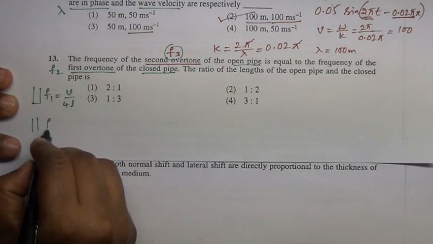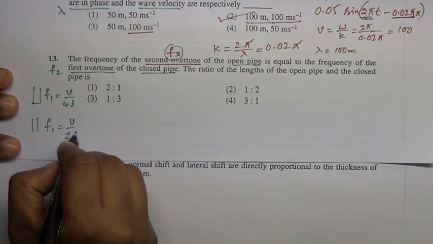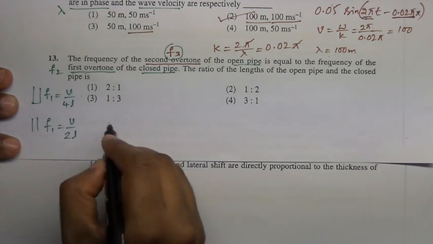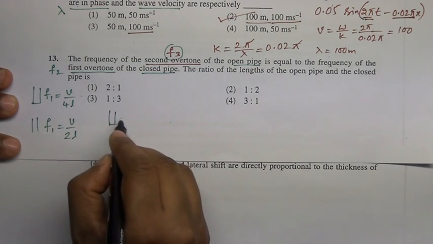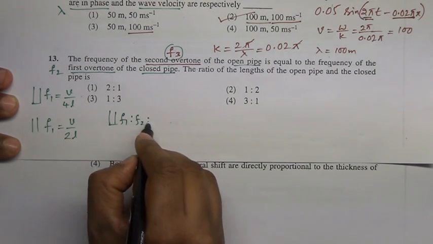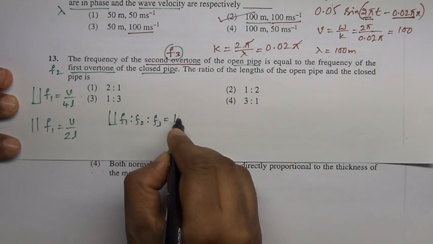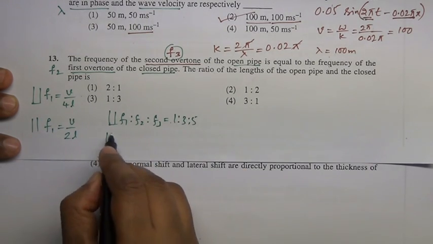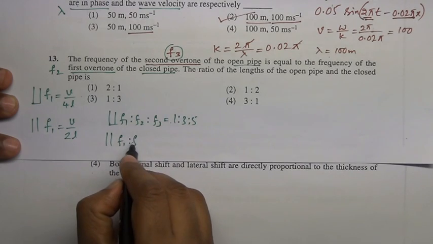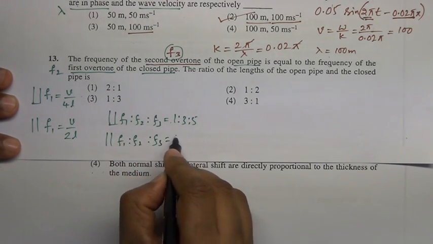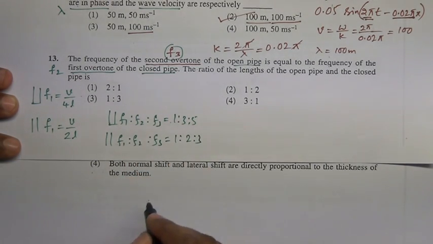For an open pipe, fundamental frequency is V by 2L. And for a closed pipe, F1 is to F2 is to F3 equals 1 is to 3 is to 5. For an open pipe, F1 is to F2 is to F3 equals 1 is to 2 is to 3.